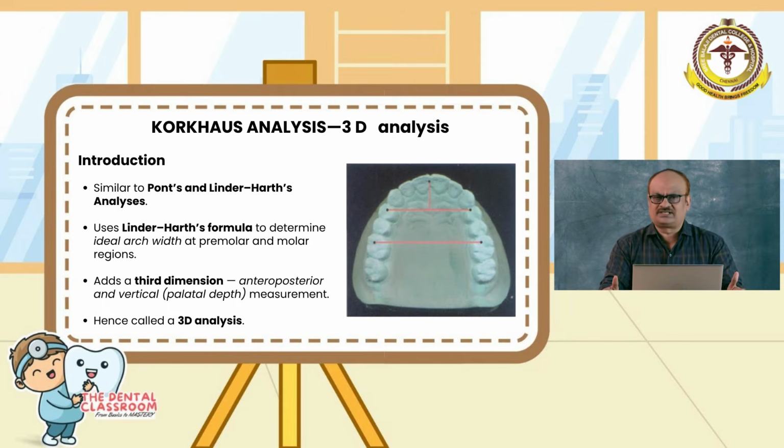Now Korkhaus analysis. Korkhaus analysis is called a three-dimensional analysis. It is in fact an extension of Pont's analysis, to say Linder-Harth analysis perfectly. Linder-Harth and Pont's are one and the same except for the denominator number of the premolar calculation. So why is this called three dimensions?